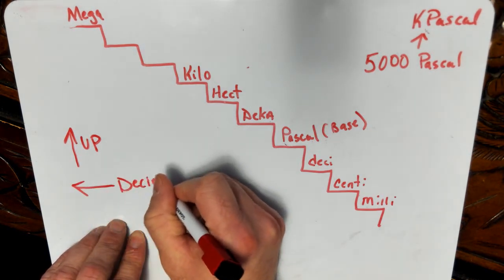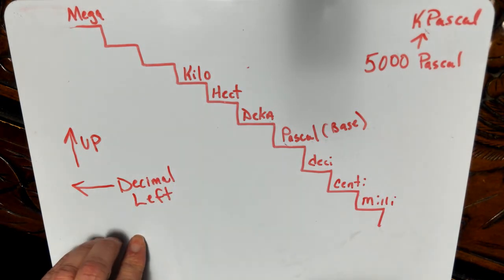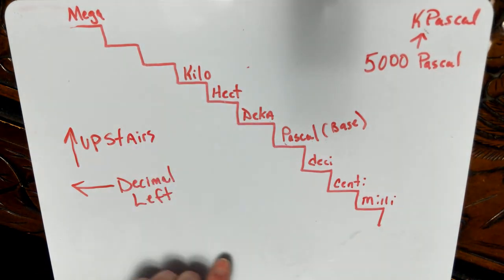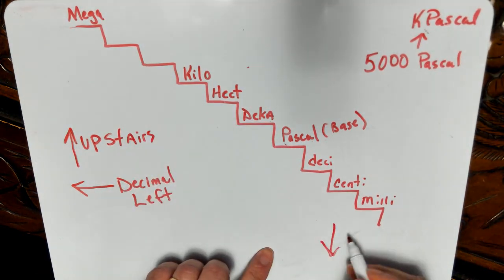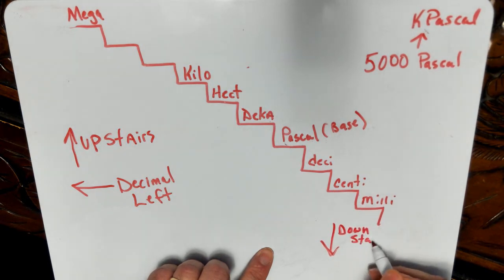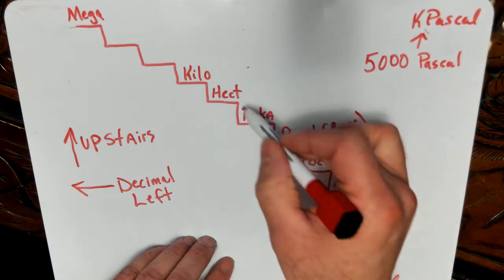So what you do, you start here: 1 step up, 2 steps up, 3 steps up. Anytime you go up the ladder, your decimal moves to the left. I'm going to put up the stairs. Anytime you go down the stairs, your decimal moves to the right. So again, we moved up 1, 2, 3.